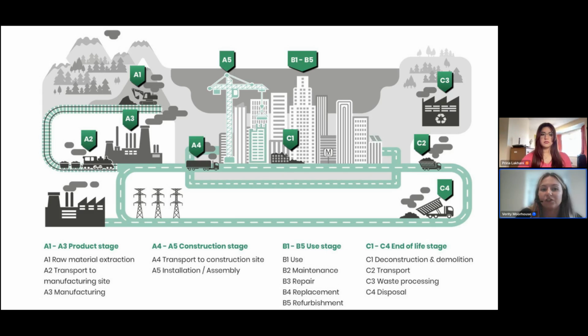Then you've got stages A4 to A5, which are your construction stages, so transporting to a construction site and then installing the products. And then the use stage, so any use, maintenance, repair, replacement parts over the lifetime of the product or building. And then C1 to C4 is the end of life stage, so deconstructing and then waste processing as well.